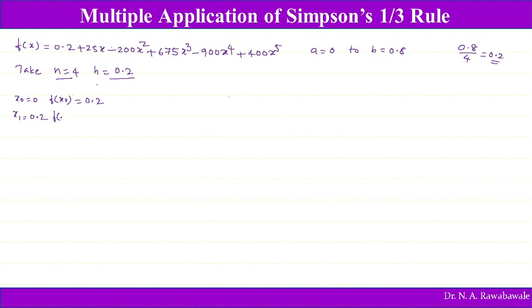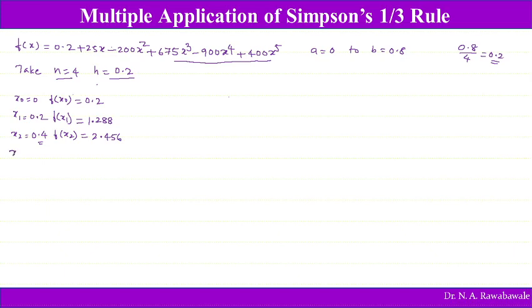So f of x1, if we substitute 0.2 in this function f of x, we get 1.288. Then x2 is equal to 0.4, and f of x2, if we substitute 0.4 in the given equation, we get 2.456.